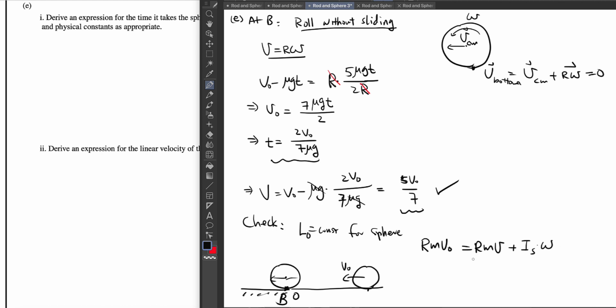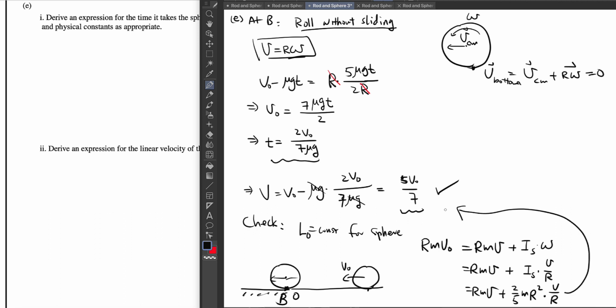Since we're interested in v here, let's replace omega by v over r, because again, it's this relation here, rolling without slipping. Now I is 2/5 m r squared. If you rearrange all these terms, you will find that v is the same as this one.